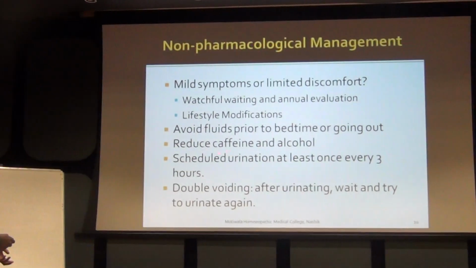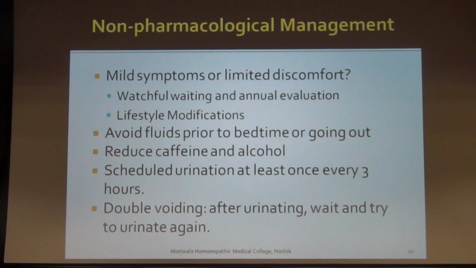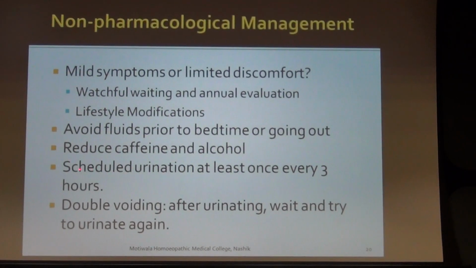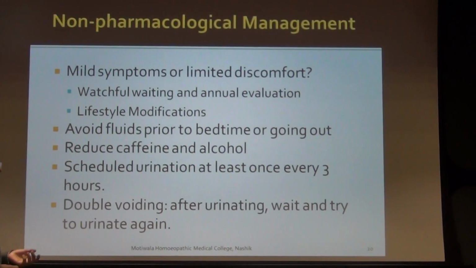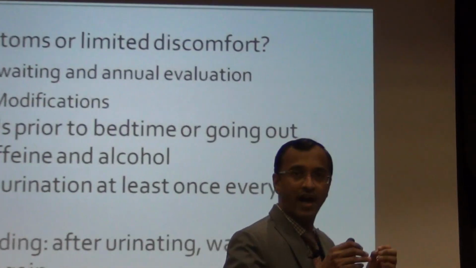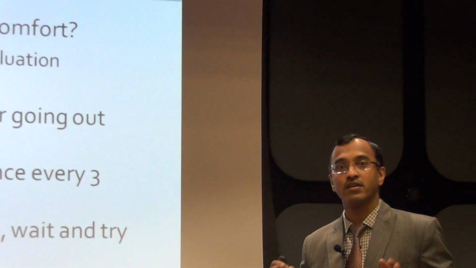One should reduce caffeine and alcoholic beverages, because they increase the urinary amount and the production of urinary flow. Scheduled urination at least once every 3 hours: we need to train people that after every 3 hours they should go and void the urine.